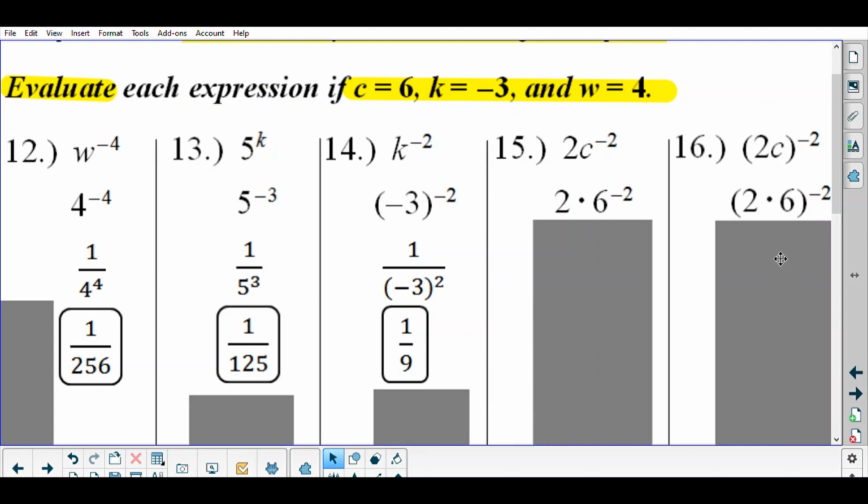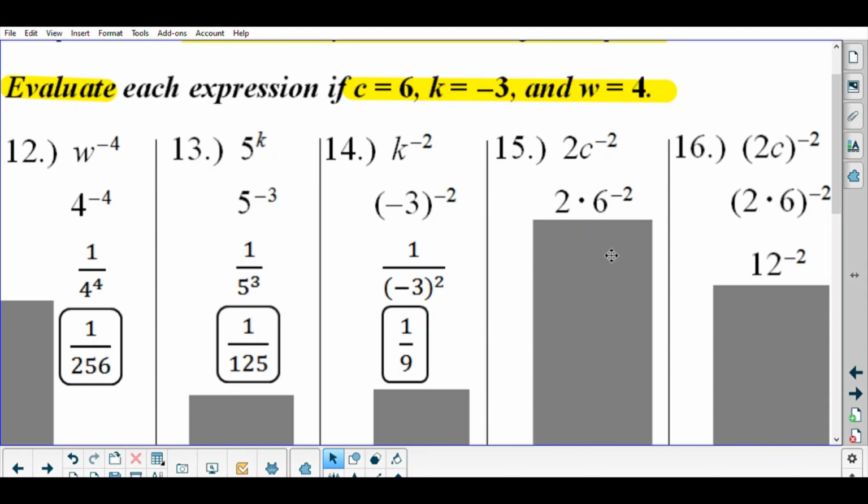Because when there's parentheses, you do what's inside first. So on number 16, you would take 2 times 6 first because it's in parentheses. That gives you 12. But on number 15, we do not have parentheses. So you will not do 2 times 6 first because order of operations would say you would do exponents before you would multiply by the 2.